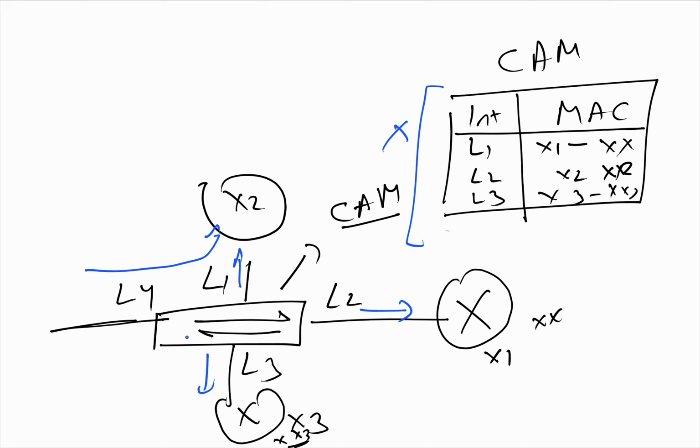It will not drop the packet, but send it. Now it has sent the packet and only X1 has responded back, for example. So the switch will maintain a CAM table stating that to reach X1, the interface must be L2. Got it? Now just focus on this part.